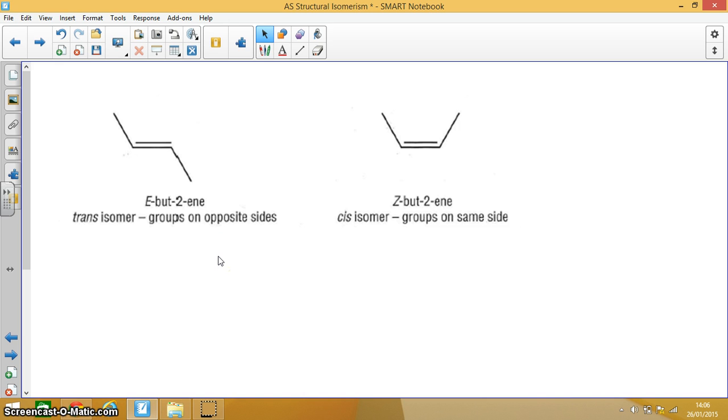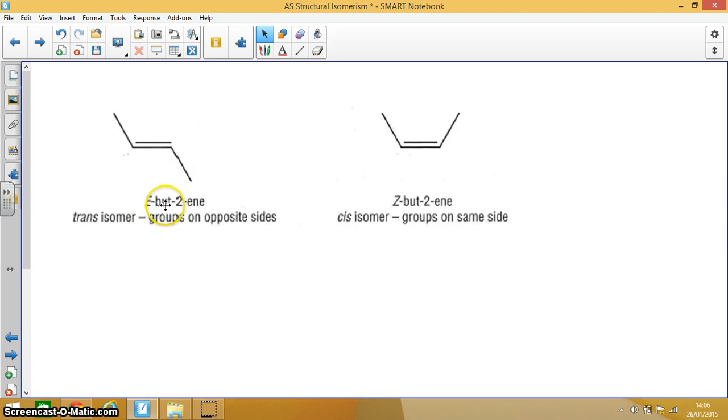We can use skeletal diagrams to represent EZ isomerism. In this case I've got two isomers on the screen. This one is E-but-2-ene. You can see we've got the double bond on the second to third carbon atom, but this is trans, so the shape is opposite each other.